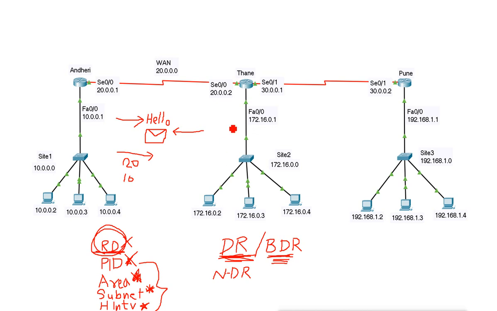And this router will start sending the information saying that I am connected to these networks, like network 20, network 30, and also network 172.16.0.0, and it will send the same information to this side also.